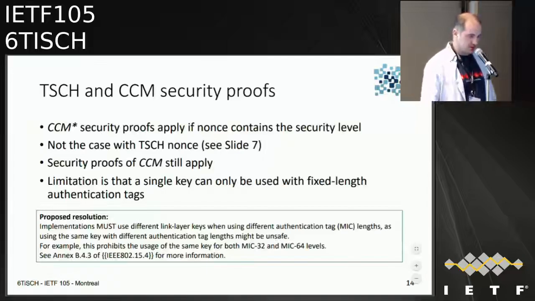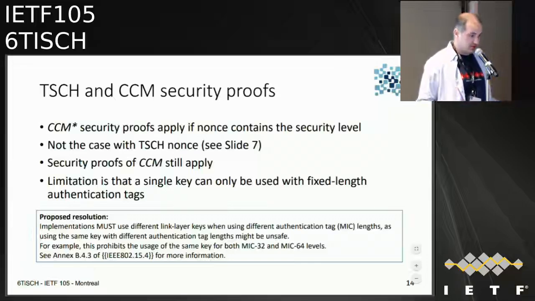Essentially, the CCM* security proofs do not apply to TSCH because they require that the nonce contains the security level, which is the case with regular 15.4, but not 15.4 TSCH.